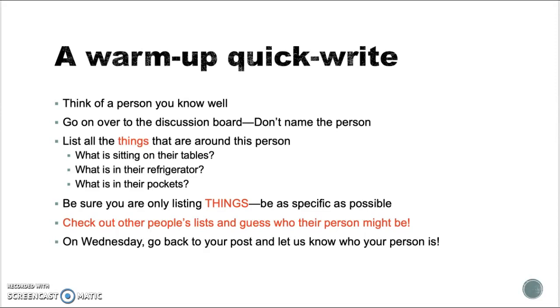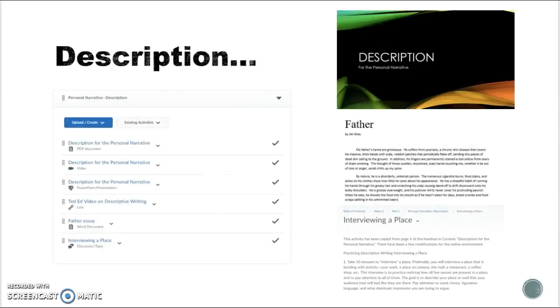So do that first. The next thing we're going to be talking about is description. I'm going to do a whole video. It's kind of a long video explaining description. There's going to be parts where you're going to stop the video and do some work. There is a full folder under content, week 3, part 1, description.